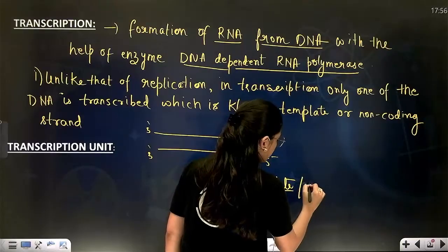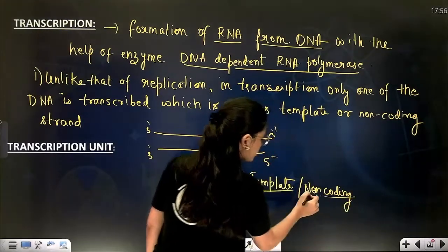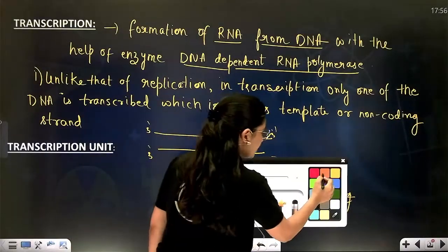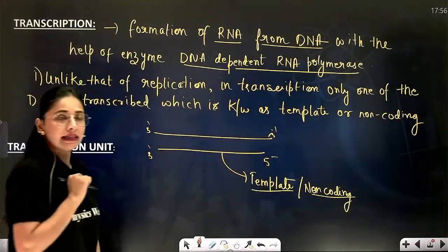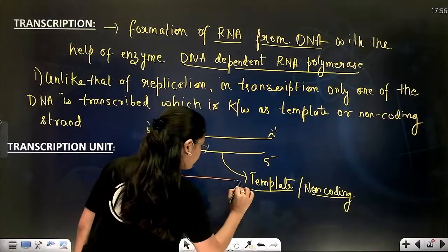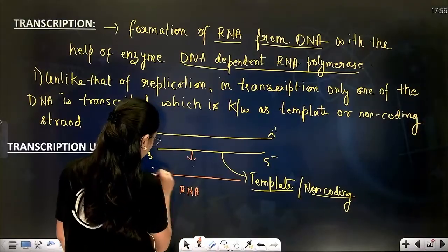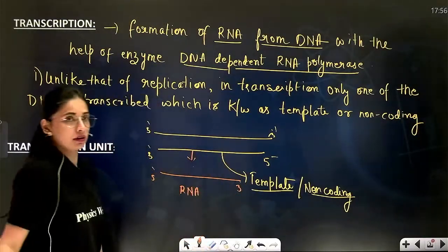The template strand is also known as non-coding. Now this strand will be read with the help of the enzyme DNA dependent RNA polymerase to synthesize a complementary RNA strand in the 5' to 3' direction.